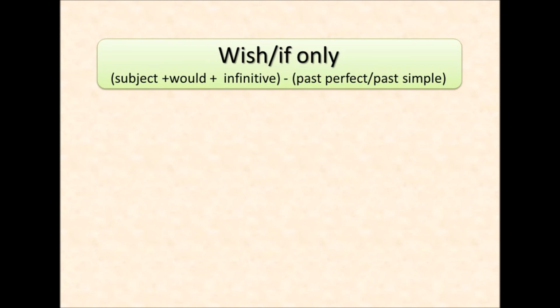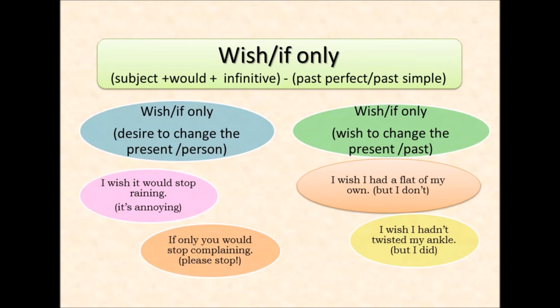We use wish or if only to express a desire to change the present or a desire to change the person. I wish it would stop raining. It's annoying. If only you would stop complaining. Please stop.